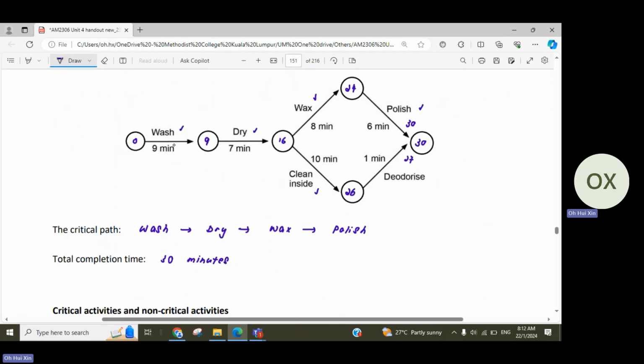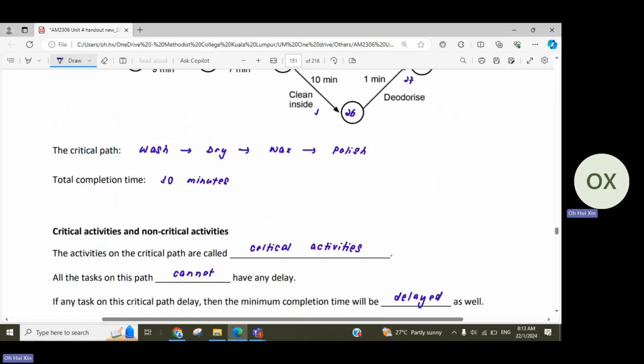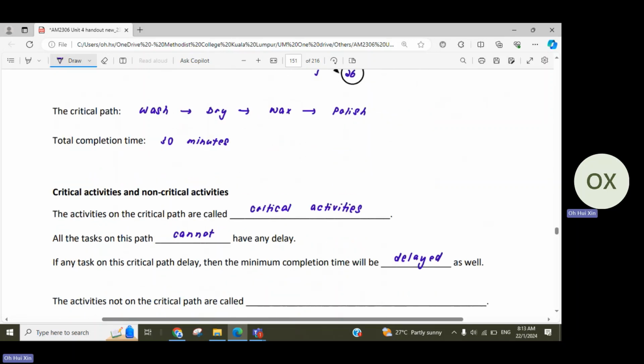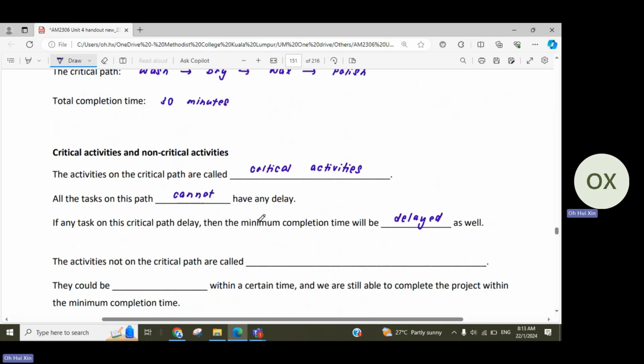No matter which one gets delayed by, let's say, 1 minute, your minimum completion time will become 31, right? So these are the paths that decide your minimum completion time. That's why they are called critical path, because they can't afford any delay. If you delay, then the completion time for the entire project will be delayed as well.